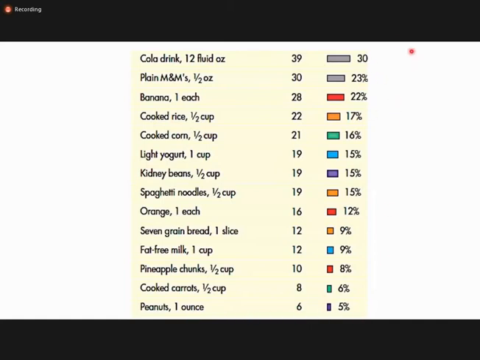So most of the proportion is coming from the food items that contain refined sugars or free sugars, and they take the major proportion of our diet, approximately 30% or 23%.